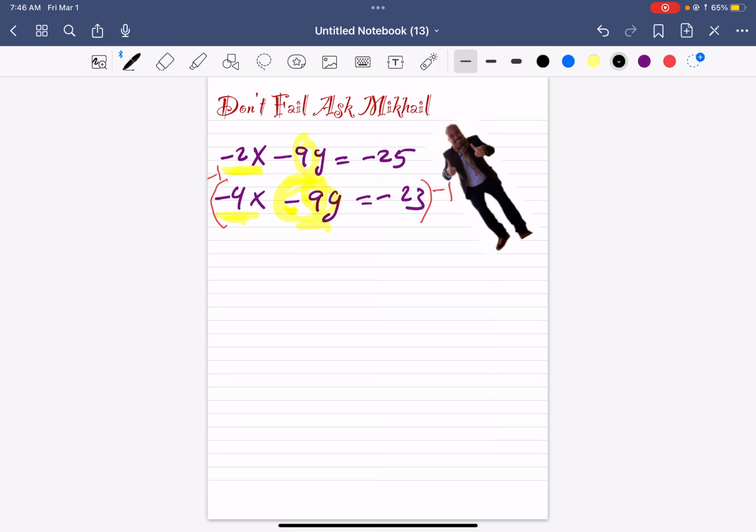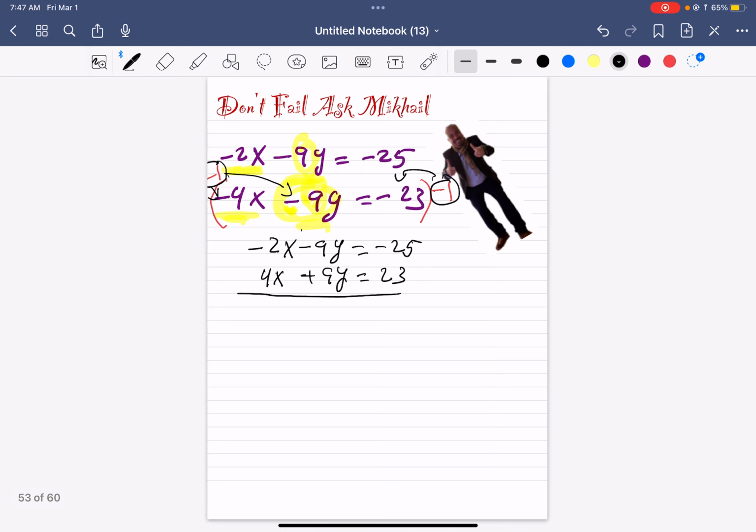I'm not going to touch it. So the top one is negative 2x minus 9y equal negative 25. The bottom one, I'm going to multiply by negative 1 each one. Negative 1 times negative 4, that's going to make it positive 4x. Negative 1 times negative 9, positive 9y equal to positive 23, because I'm going to multiply the negative 1 by this as well.